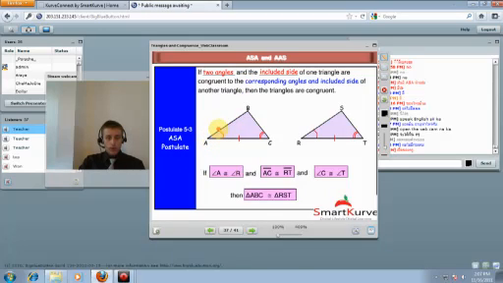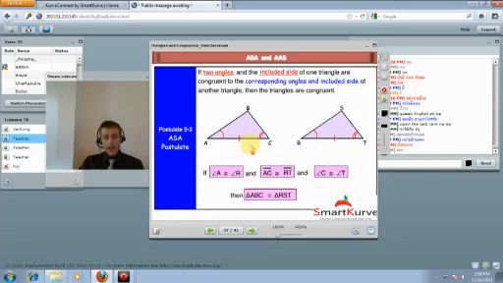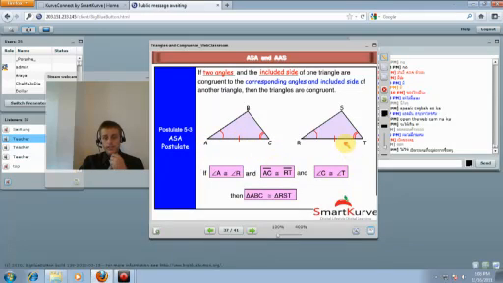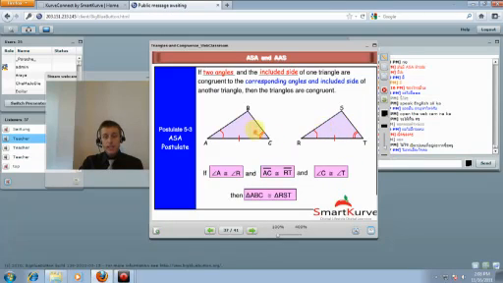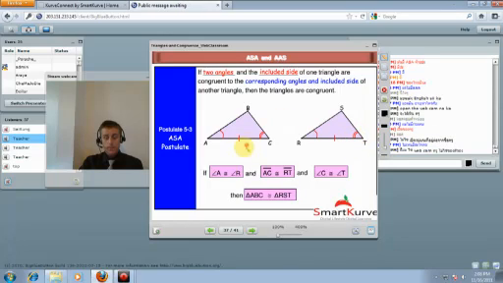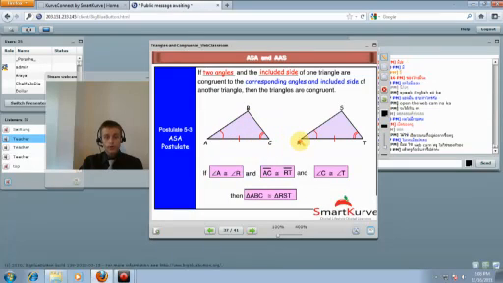So in this example, we see that angle A equals angle R, side AC equals side RT, and angle C equals angle T. Then we know that triangle ABC equals triangle RST.